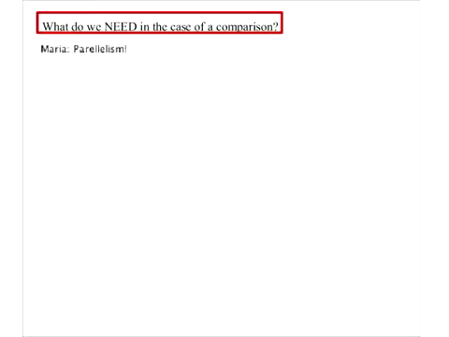This is a good summary. This is what we need in the case of a comparison. We need to have parallelism. And let's talk about what type of parallelism we need. Text box, can anybody elaborate on this a little bit? What kind of parallelism are we talking about? So there's one kind that is grammatical.